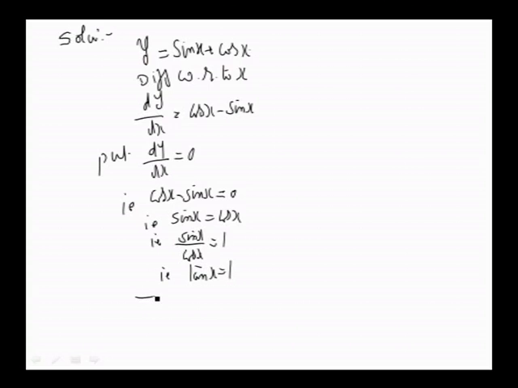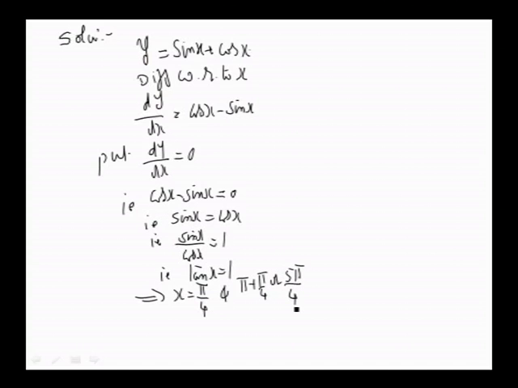That implies, we know it very well, x is equal to pi by 4. But we know tan is positive in the first quadrant and the third quadrant, so x is not only pi by 4 but also pi plus pi by 4, or 5 pi by 4.